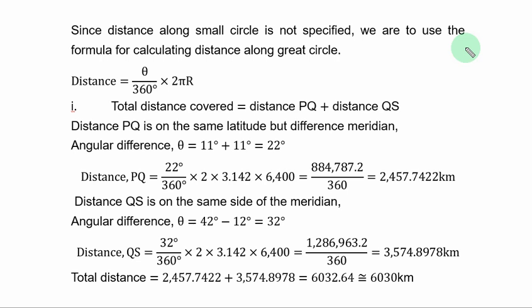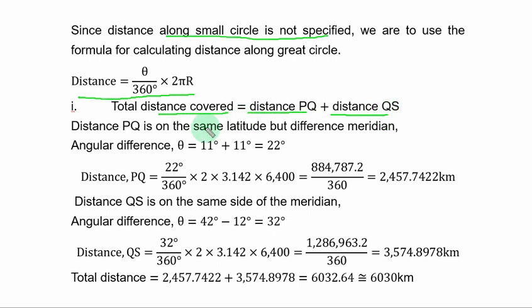The solution continues. Since the distance along a small circle is not specified by default, we are to use the formula for calculating distance along a great circle. Total distance is equal to distance PQ plus distance QS.